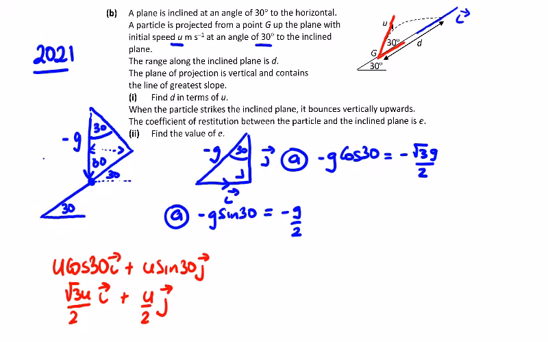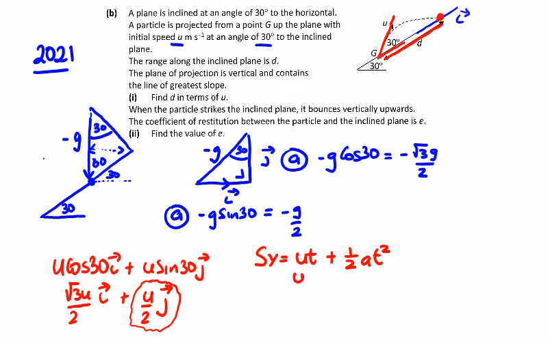So if we set up our equations now, we can say that at this point, s of y is equal to 0. So the displacement in the y or J direction is ut plus a half at squared. This is where we need our accelerations. So u in the J direction is u over 2.